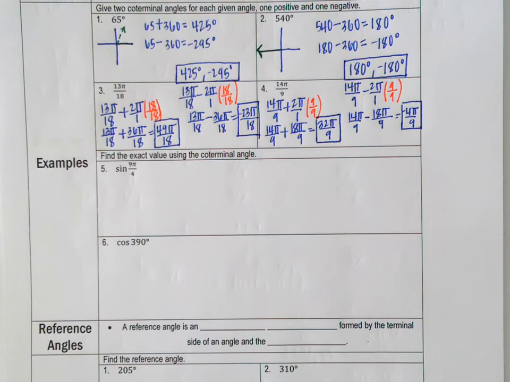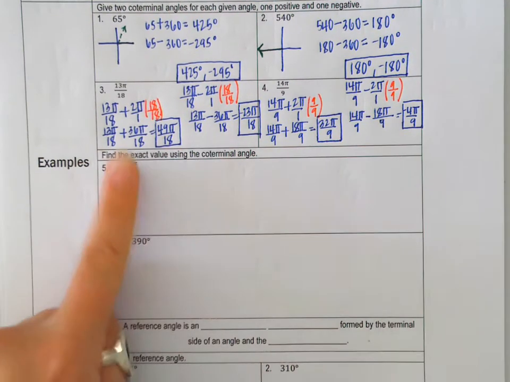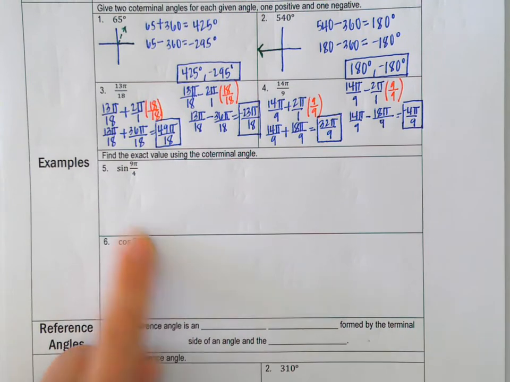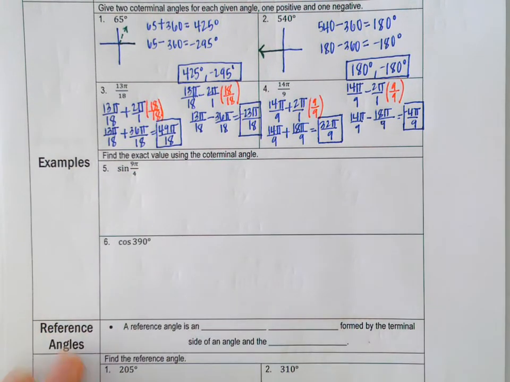So if you notice, 9 pi over 4 is greater than 2 pi. I know that because 4 into 9 is more than 2. So in both of these examples, they're greater than either 2 pi or 360.